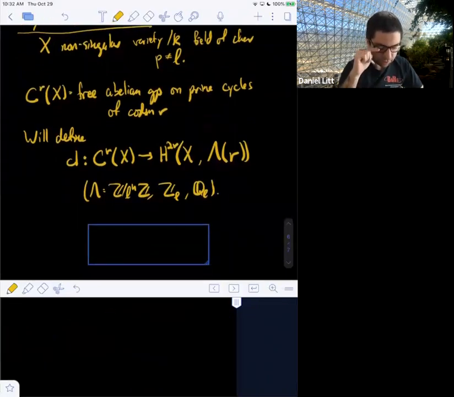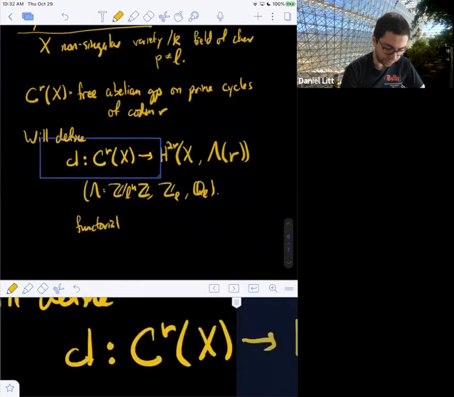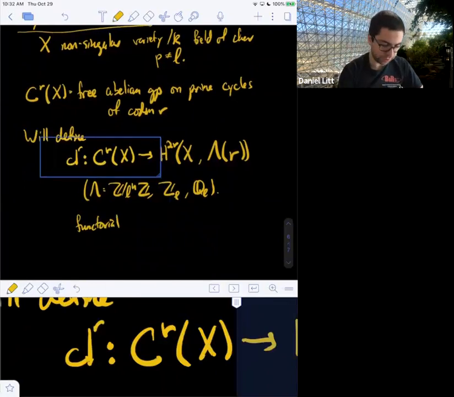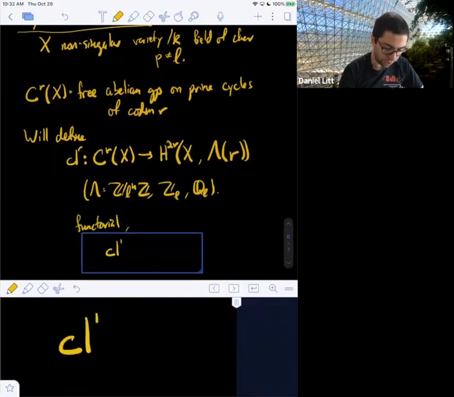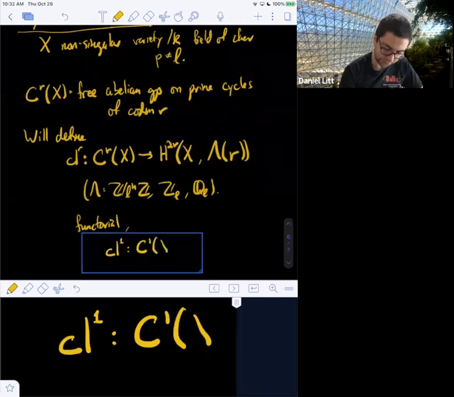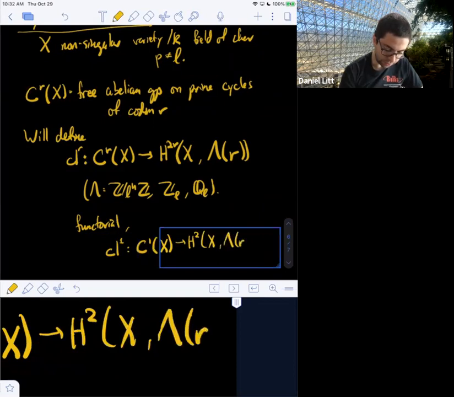So this map will be functorial and satisfy other good properties. Let me call this cl^R. It'll satisfy some other good properties, and in particular, cl^1 we know how to write down. So cl^1 will be a map from codimension 1 cycles in X to H^2 of X with coefficients in lambda twisted by 1.